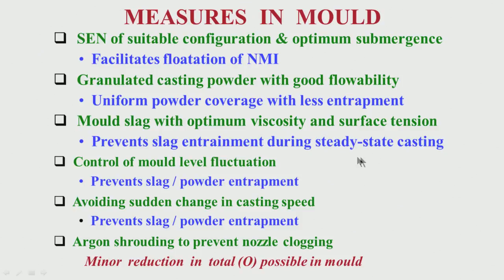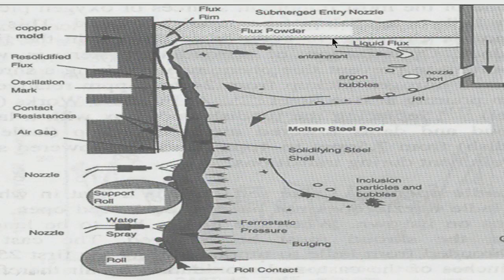Slag entrainment should not be there, and then control of mold level fluctuation, this is very important. As I have told you, because of many factors, because of the turbulence, there is a possibility of level fluctuation. This meniscus level has a possibility of fluctuation going up and down.